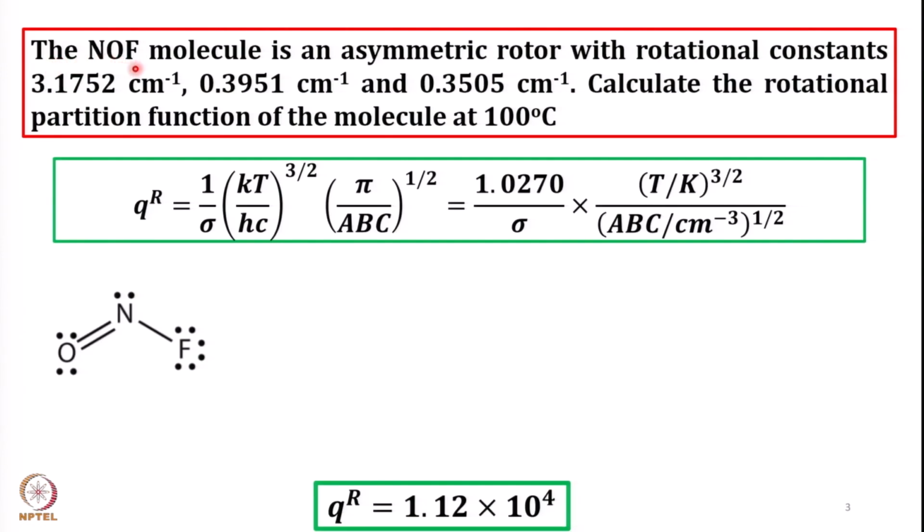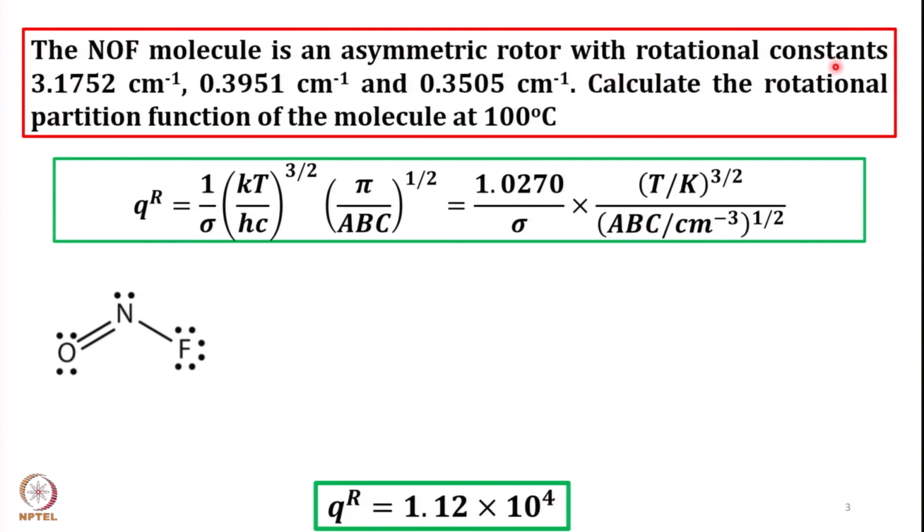The NOF molecule is an asymmetric rotor. It is given information, asymmetric rotor. You can take a look at the molecular structure of NOF. It is asymmetric. One side is oxygen, other side is fluorine.